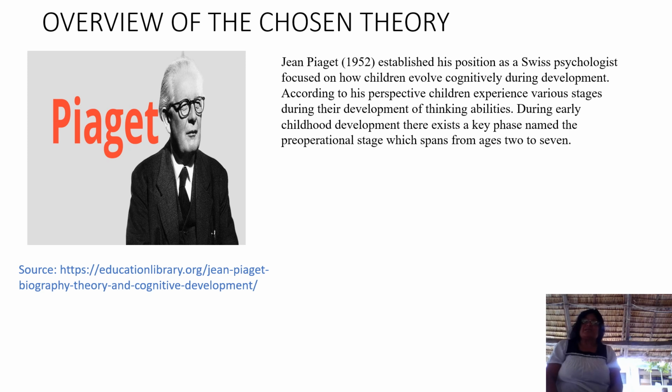Children typically interpret things based only on their own viewpoints because of egocentrism. The theoretical framework of Piaget describes why children between the ages of 3 and 5 often engage in pretend play.